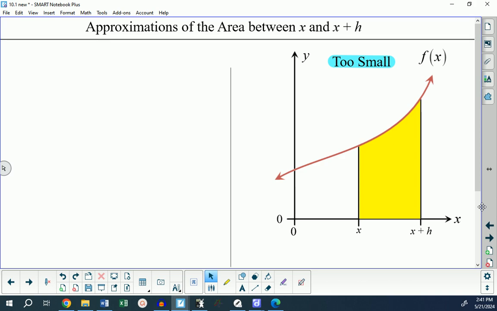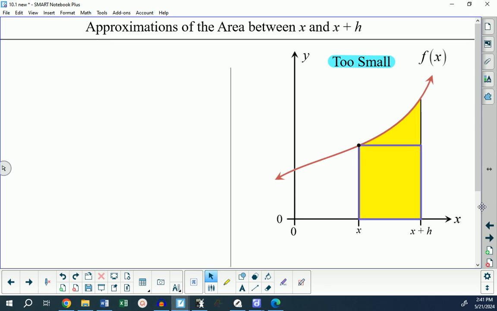Somewhat. It's not a perfect rectangle. Well, a rectangle is a nice shape to find area from because it's really easy, length times width or base times height. So what I'm going to do, and I want you to draw in what you're going to see here, is we're going to use the left-hand side of that interval, whose area we want to find, to define the height of a rectangle.